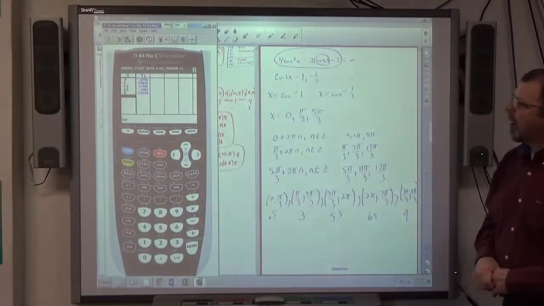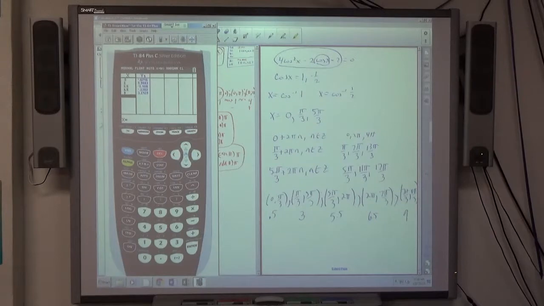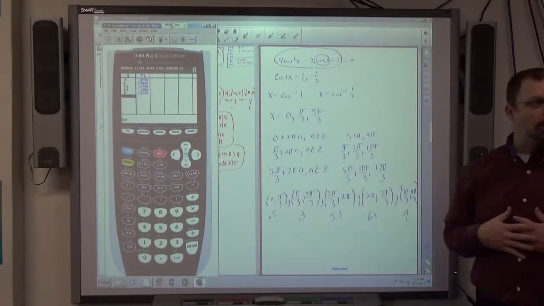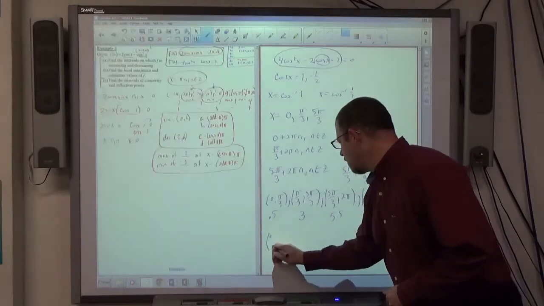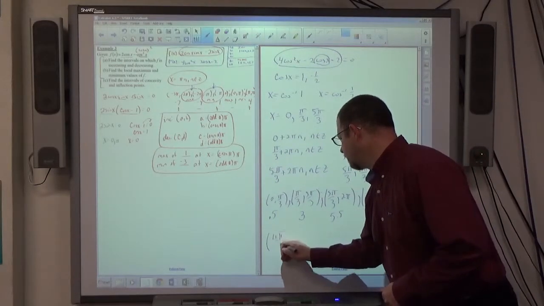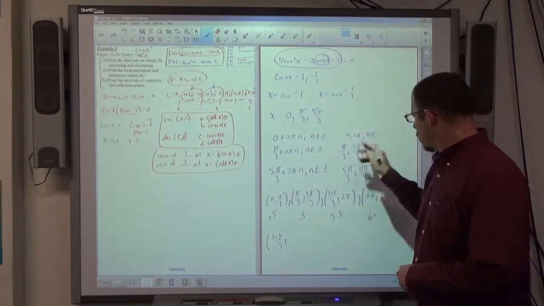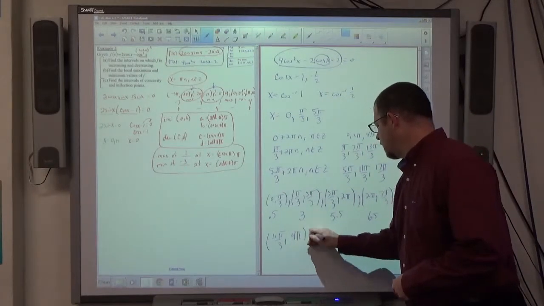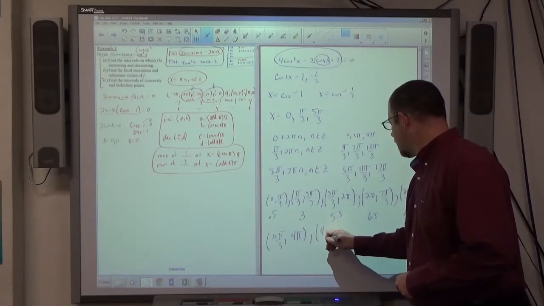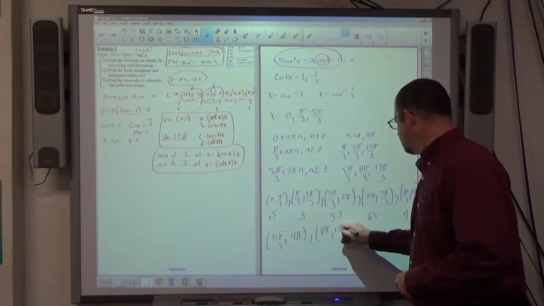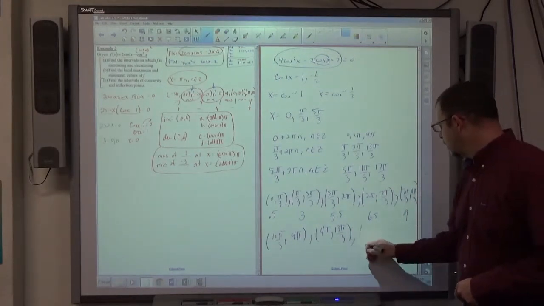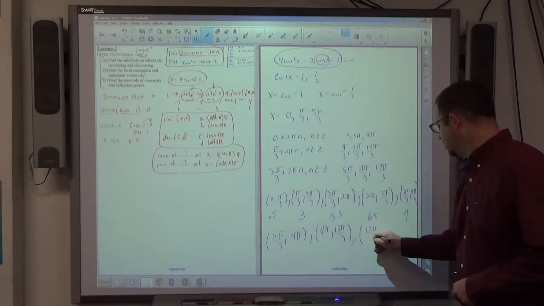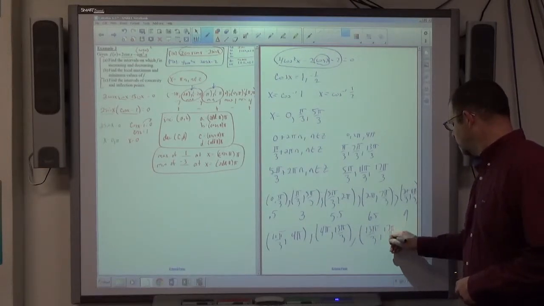It went negative, positive, negative, negative, positive. Okay, so that's not enough for me to establish a specific pattern here, so I want to go a little further. So let's go from 11 pi over 3 up to 4 pi to 13 pi over 3, and 13 pi over 3 to 17 pi over 3.